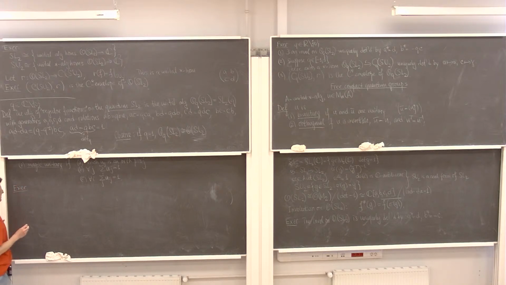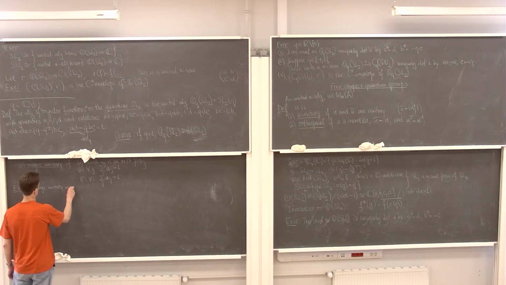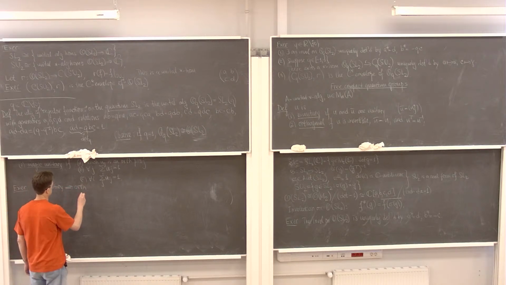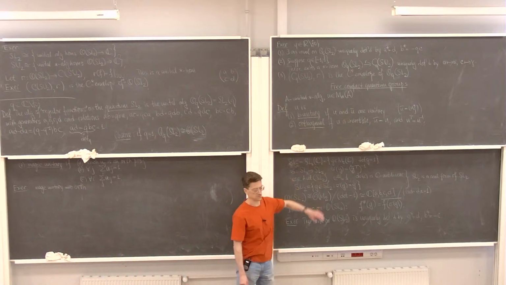A useful exercise is to show that every magic unitary is orthogonal. And it's more or less straightforward that every orthogonal matrix is biunitary.